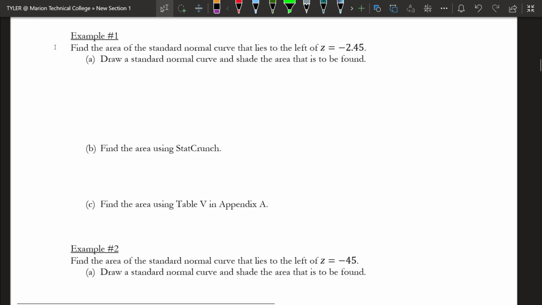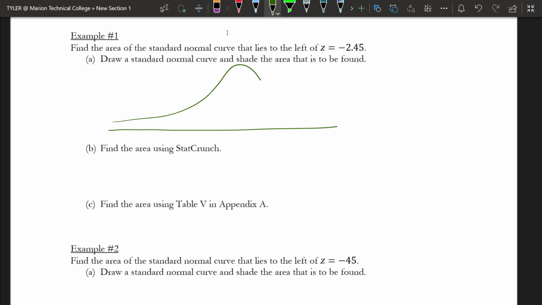Let's try an example. In example 1, we're finding the area of the standard normal curve that lies to the left of z equals negative 2.45. The very first thing we want to do is graph the standard normal curve and shade the area that we're finding. Here's my z-axis; in the center is the mean, which is 0 in this case for z, and negative 2.45 will be somewhere to the left.